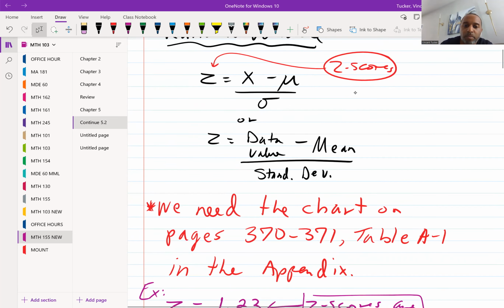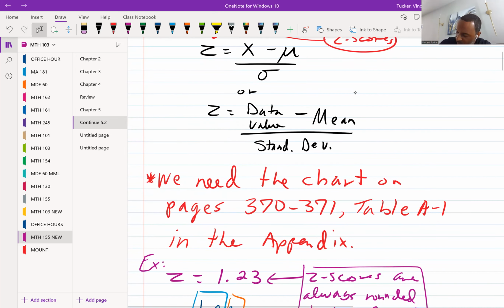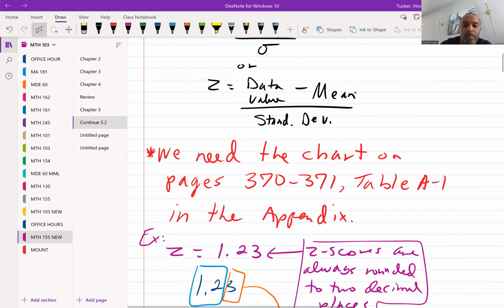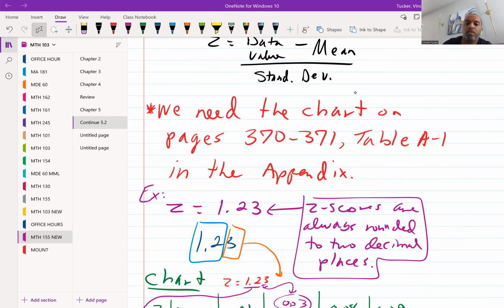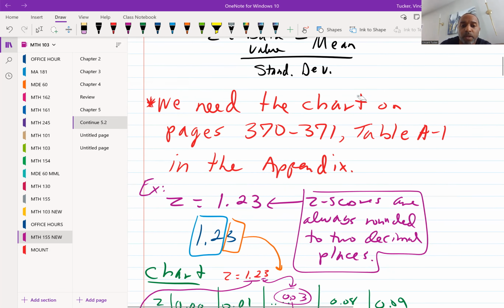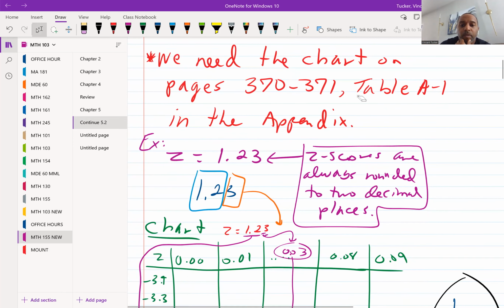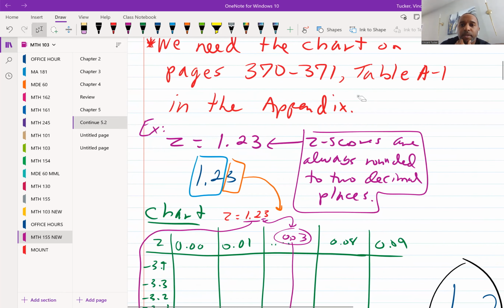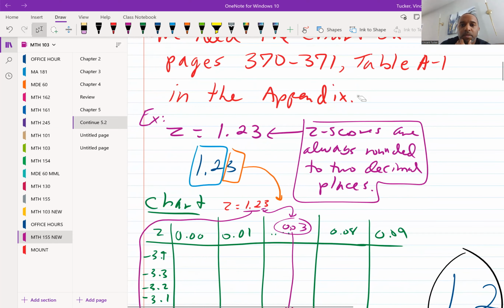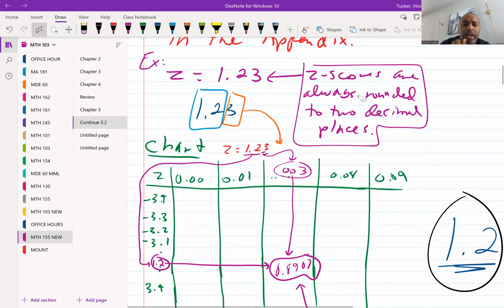All right, so remember I mentioned that with our z-scores, we're always going to round to 2 decimal places. That's because we need those 2 decimal places for this chart that we're about to look at. Let's say we have the z-score of 1.23.